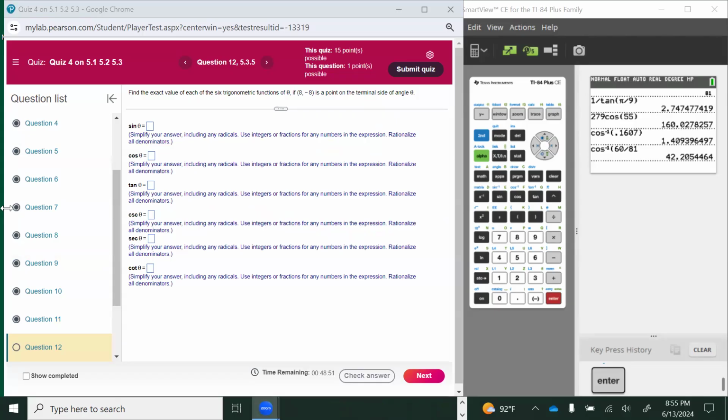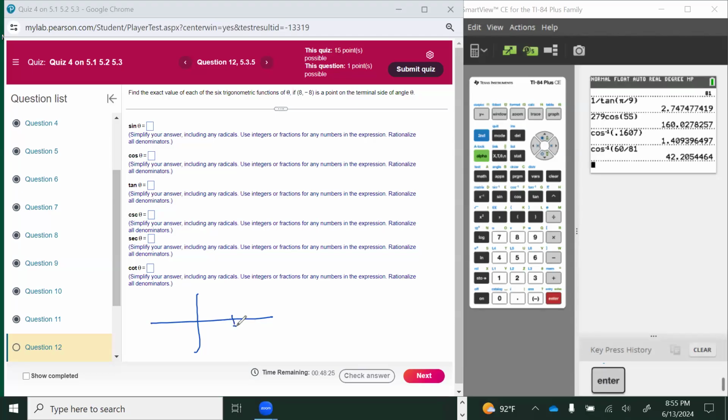Okay, which one's this? This one says find the exact value of the 6 trig functions if we're given that the angle is at 8, -8 on the terminal side.